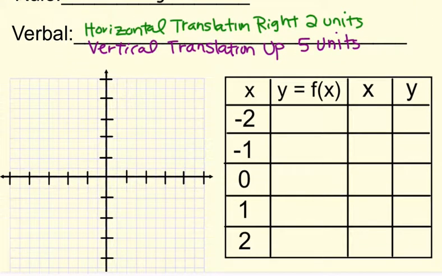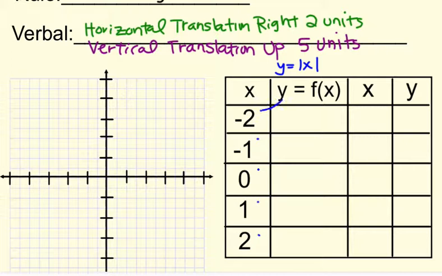So our function is y equals the absolute value of x, or f of x equals absolute value of x. We're going to stick with the same 5 x values for every assignment problem, every test question: -2, -1, 0, 1, and 2. And we're going to evaluate the function.